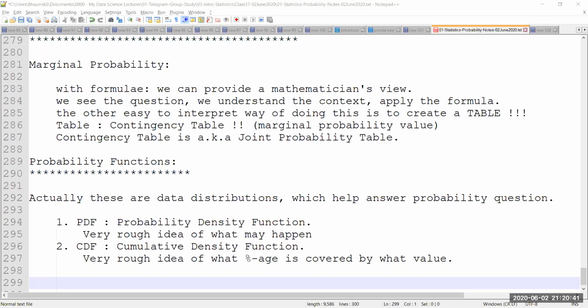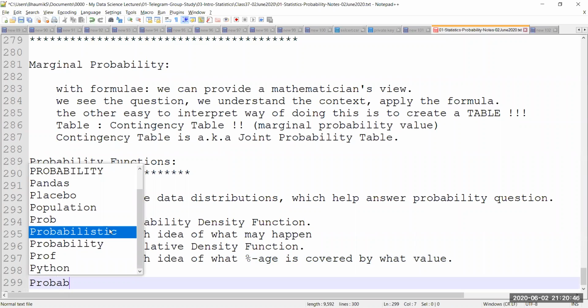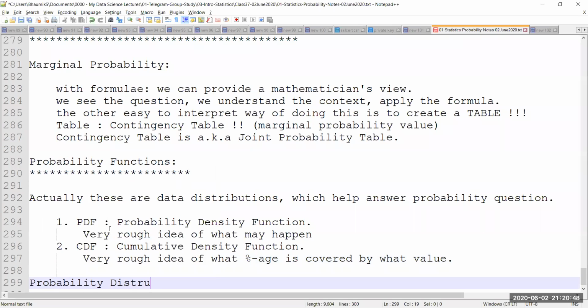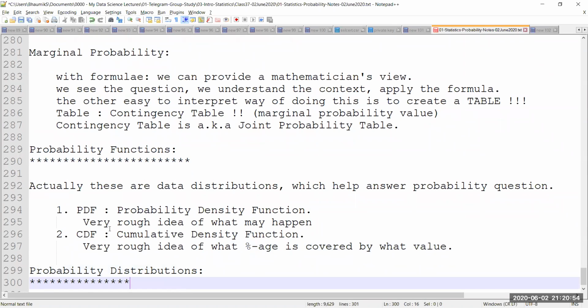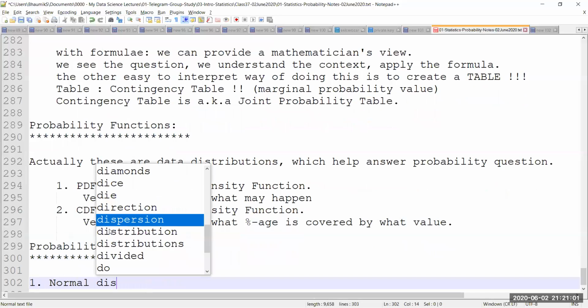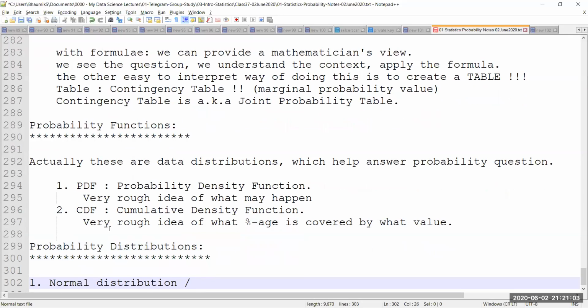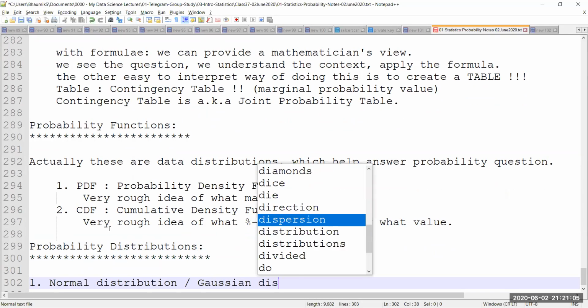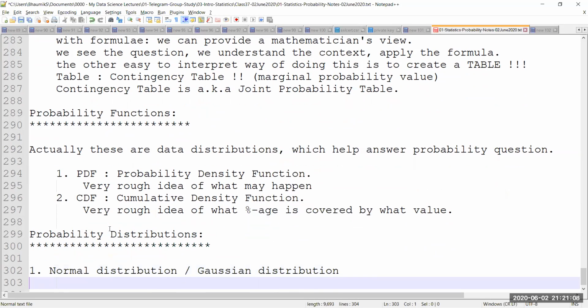How do I define this? A probability distribution, let's say now we are going to look into distributions. There are many distributions. You will hear a lot of names. Let me quickly tell you some of the names that you will hear. You will hear names like normal distribution, which is also known as Gaussian distribution.